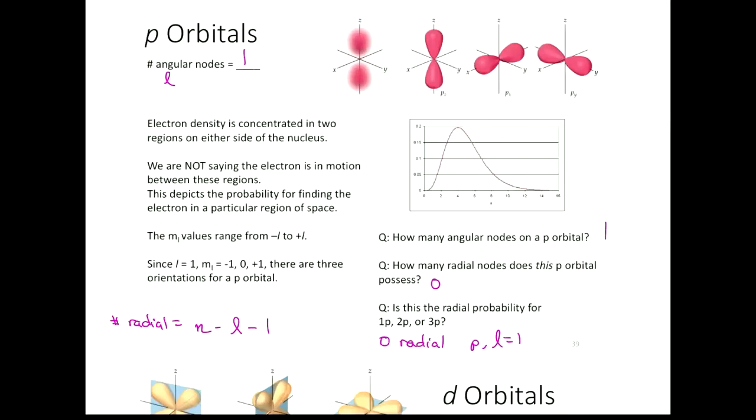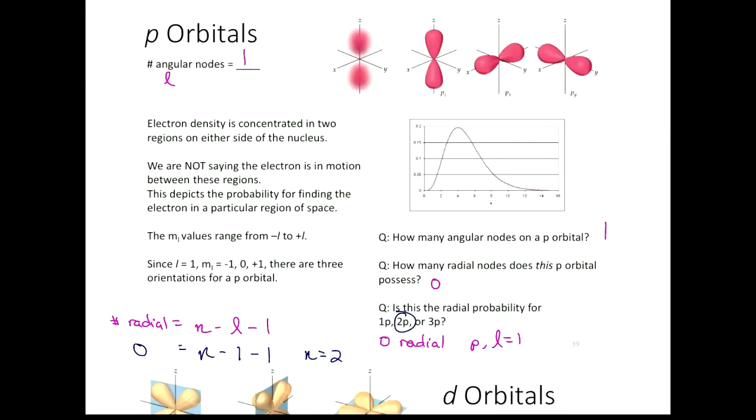We already said that this graph has 0 radial nodes, so we need 0. I'm telling you that it's a p orbital, so it's n minus 1 minus 1. So then you just fill in the blanks. What is n here? 2. Yeah, n has to equal 2. So what kind of orbital makes this radial probability graph? A 2p, yes. So there it is.